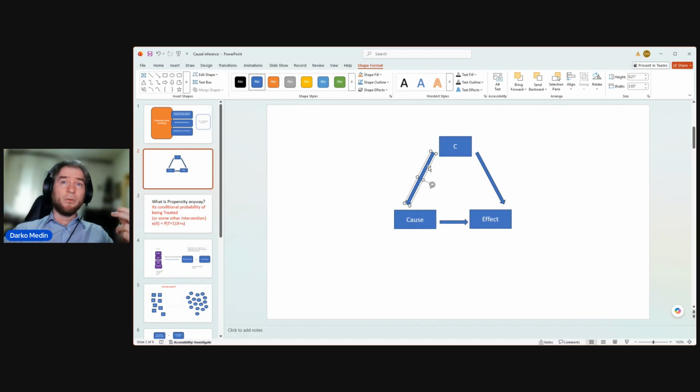It kind of transfers it to the cause and the effect, and we can measure some effect, but it's not the real causal effect that we are interested in, the direct causal effect between the two objects in this case, which are the cause and the effect.